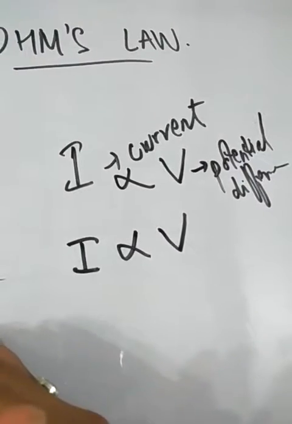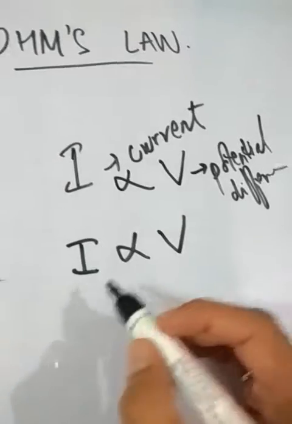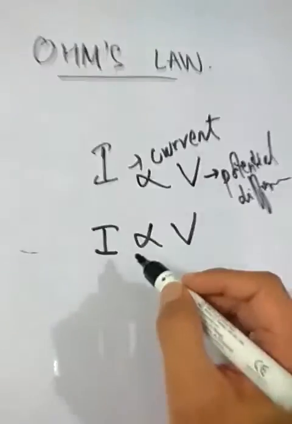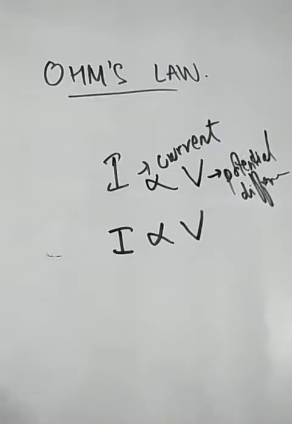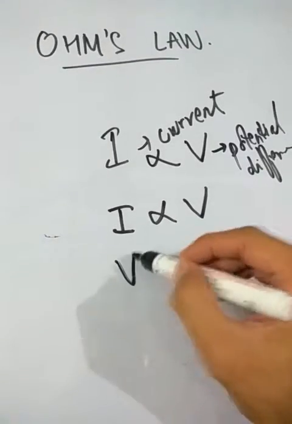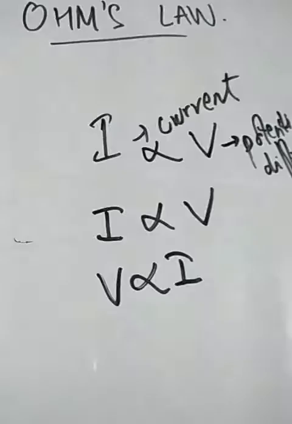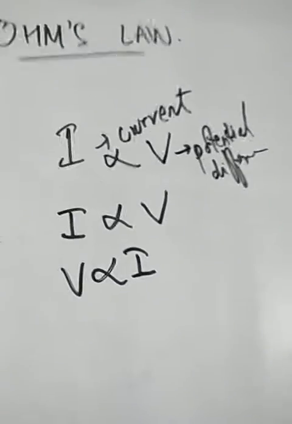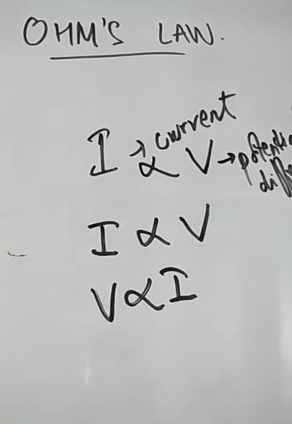Across its ends, because between its ends is the place where the current is going to travel. So when you say that I is directly proportional to V, we can also say that V is directly proportional to I.